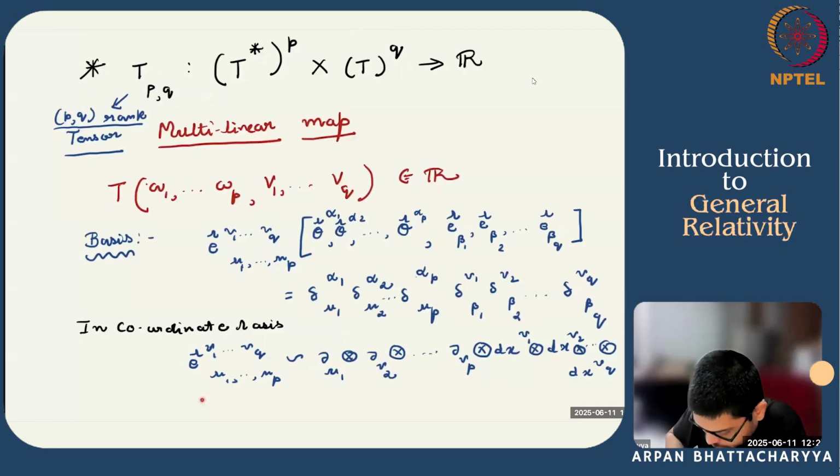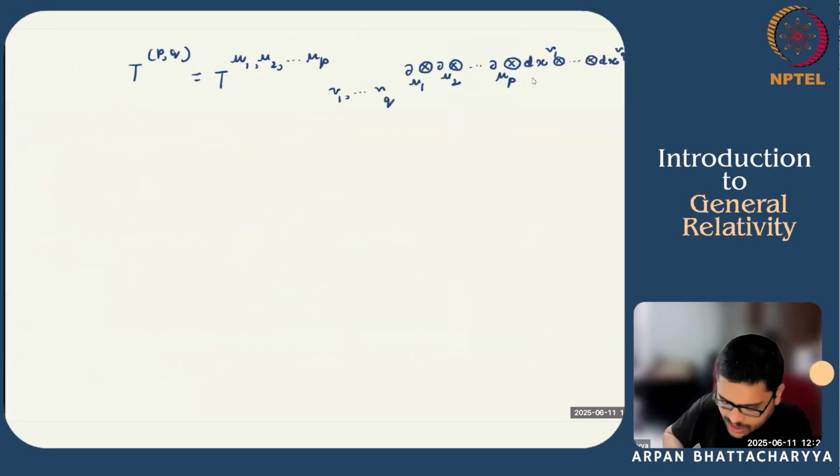And given these bases, we can write down a tensor of (P,Q) rank in terms of a component in this particular coordinate basis, which we denoted here.